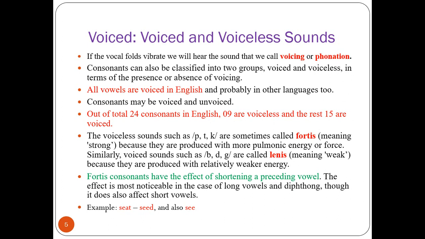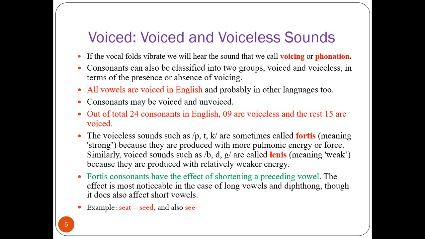Why? Because we need more pulmonic energy. We need more force to produce them, relatively. But when we produce voiced sounds such as b, d, g, we use relatively little or weaker energy, and that's why they're called lenis, not fortis.